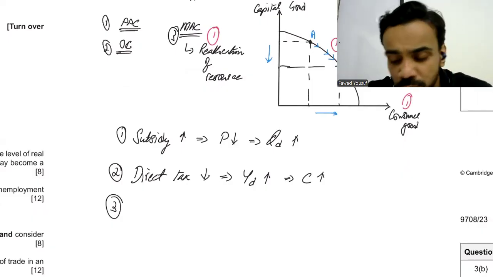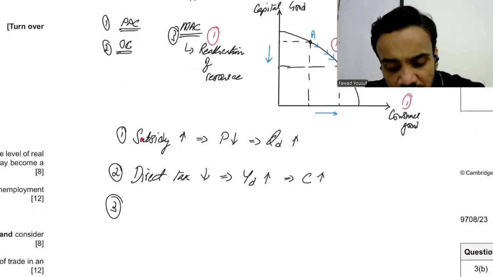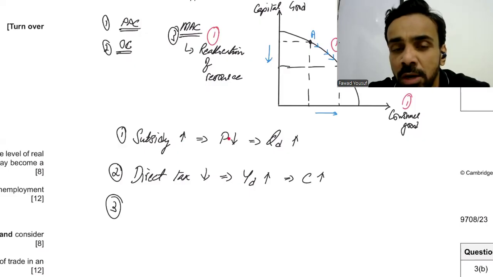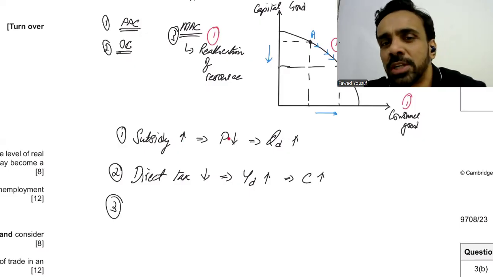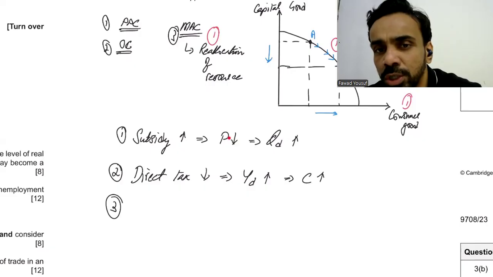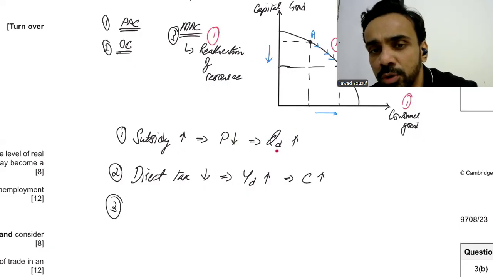Usme se bhi, if you leave out, for example, if you say if you increase the subsidy, that will cause the demand to rise, but you don't connect it with the falling prices, there's a problem. In fact, if you say the subsidies will increase, that will cause the prices to fall, and you assume कि ये तो understood है कि जब prices गिर जाएंगी तो based on the question we're talking about more consumption of the good, and you don't connect it, so therefore the demand for consumer goods will rise.